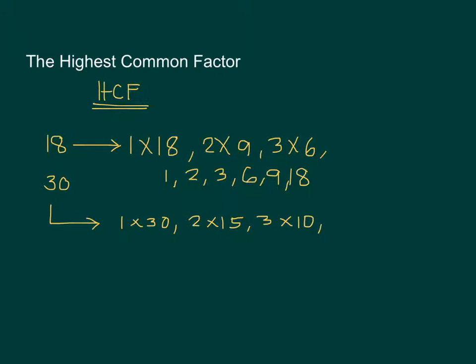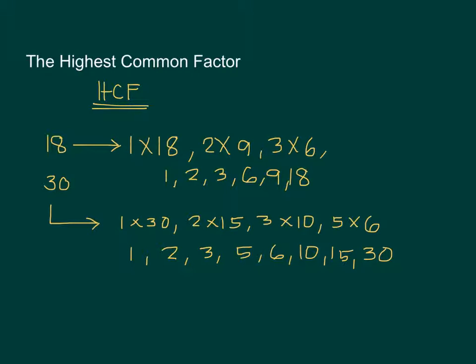Not 4, but maybe 5 times 6. And then I think that's it. So I have 1, 2, 3, 5, 6, 10, 15, and the number itself, 30.